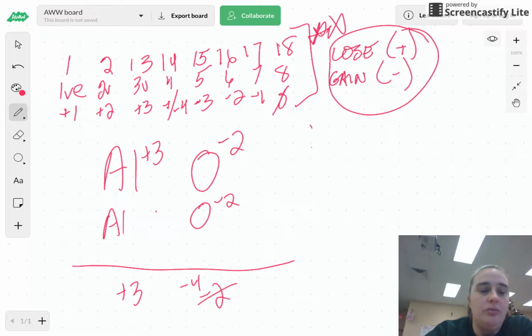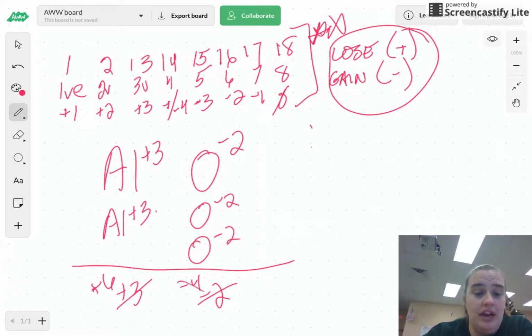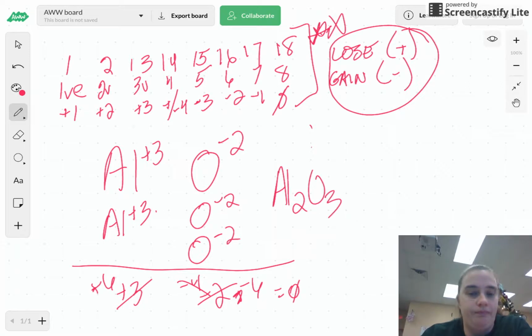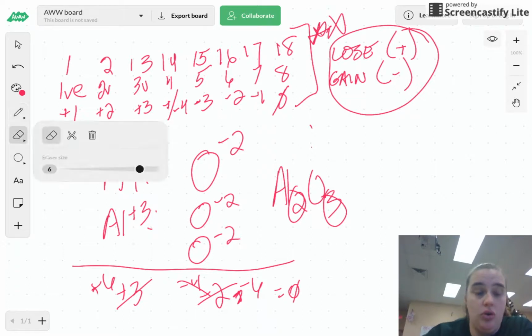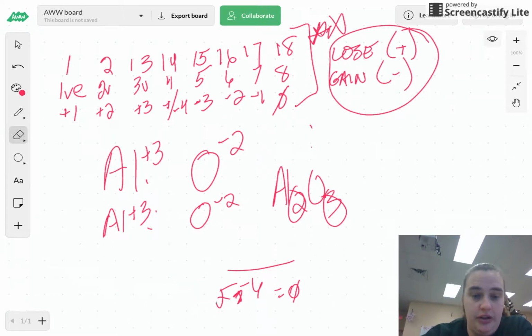We need another aluminum. Now it's a +6 over here. Need another oxygen. And yes, sometimes you do have to go back and forth like that. So now it's a -6. So now we're equal to 0. So the way that we write this formula is Al2O3. Remember, your subscripts are the number of atoms that you chose for that particular one.